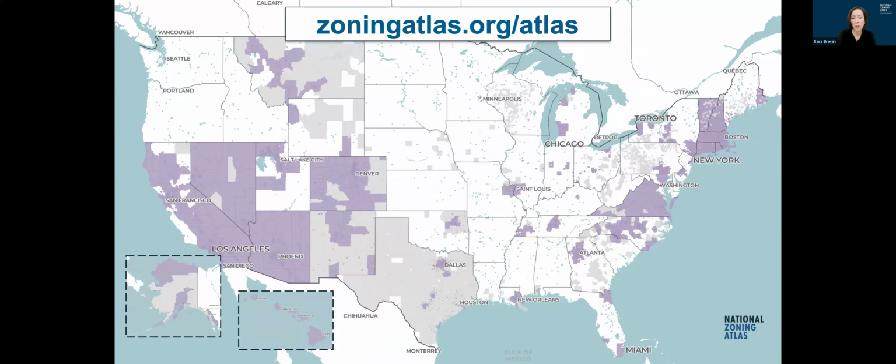The purple are those places that have zoning, the gray are those places without zoning. So just at this very high level, look at Arizona versus New Mexico. The prevalence of zoning in Arizona versus the relative lack of zoning across local jurisdictions in New Mexico is something that I think Matthew will be touching on in a few slides.